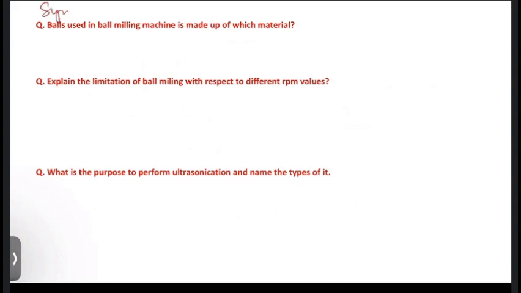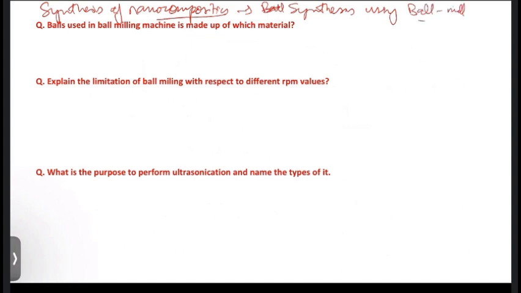We have come to the synthesis of nanocomposites, and in that we have discussed synthesis using ball mill. So balls used in ball milling machine are made up of which material?